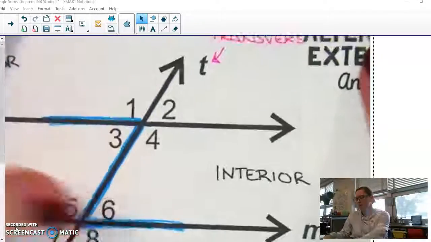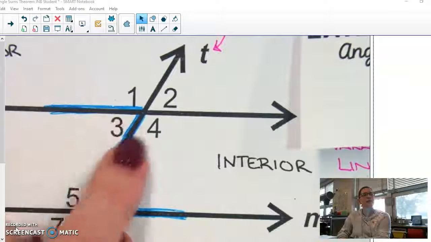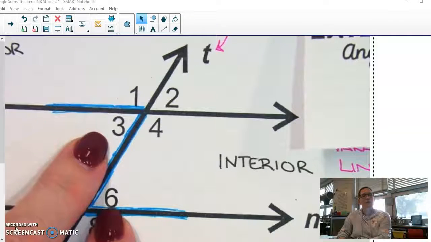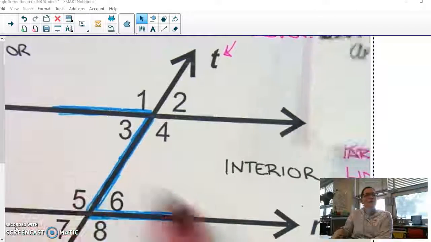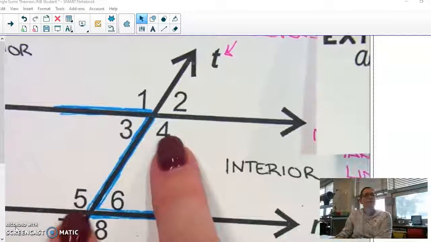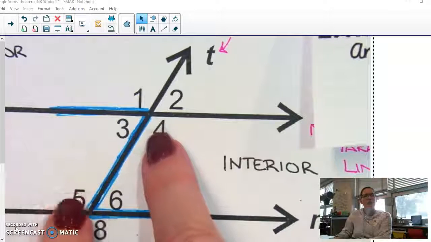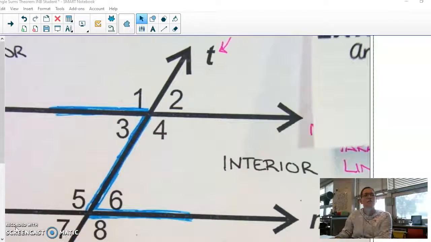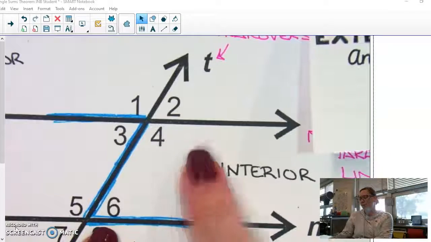So it was 3 and 6, and you can kind of see they're inside the Z. And then if we made the Z the other way, you would see 4 and 5. And those would be your alternate interior angles, alternate because they're on opposite sides of the transversal. So hopefully that helps with a little bit of memorizing of that term.